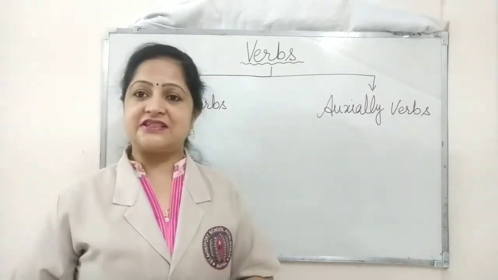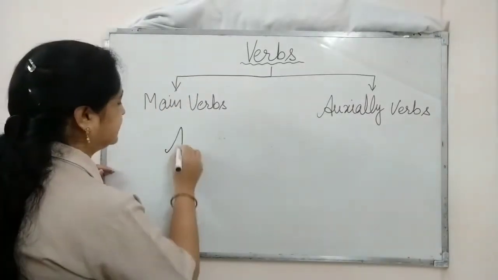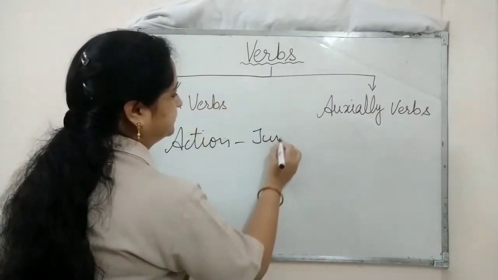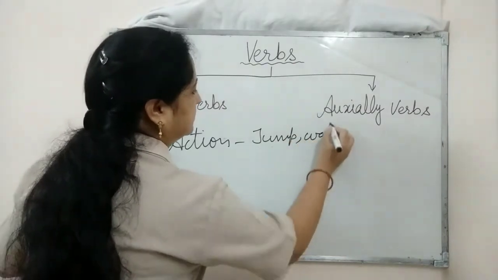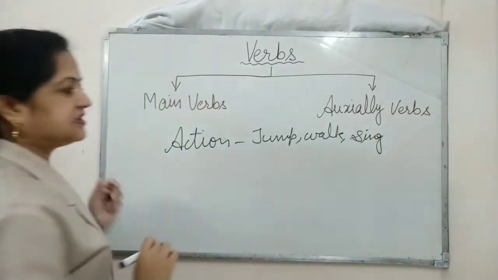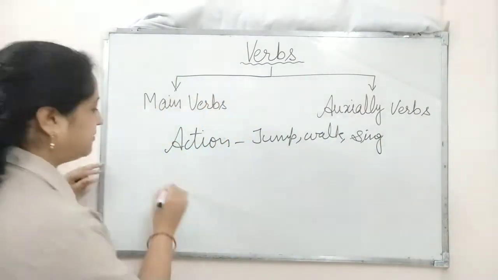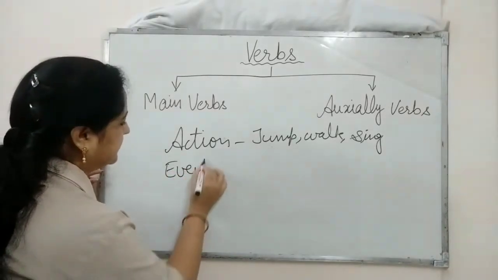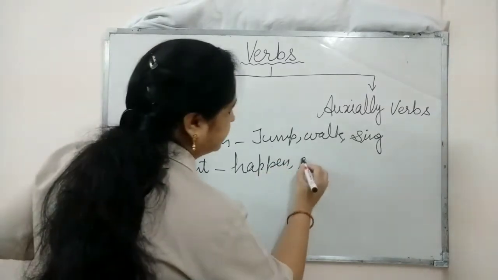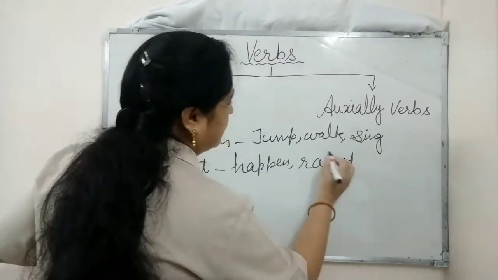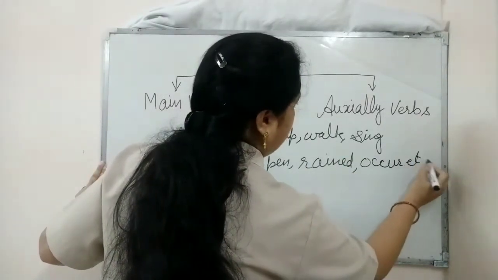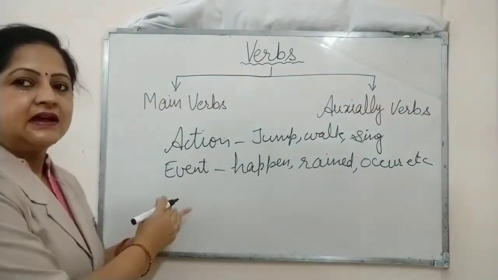Here, action means actions like jump, walk, sing. All these are known as action words. Events can be like happen, rained, occur, etc. All these are known as events.